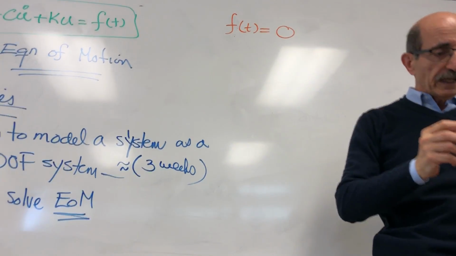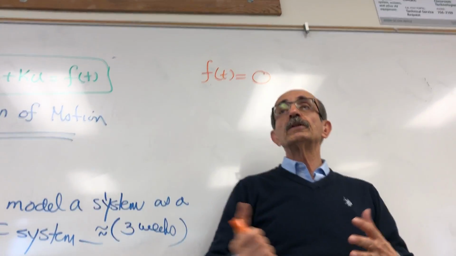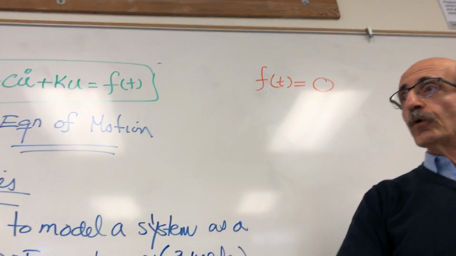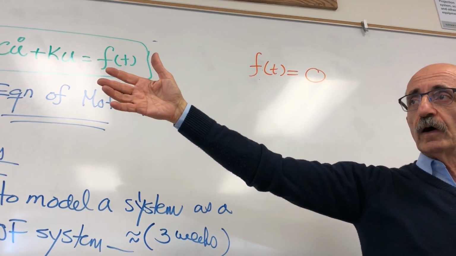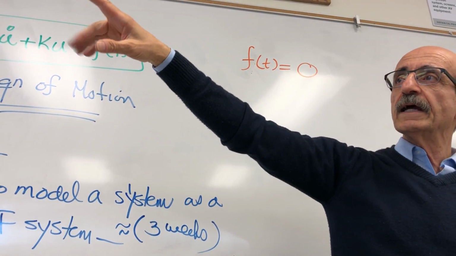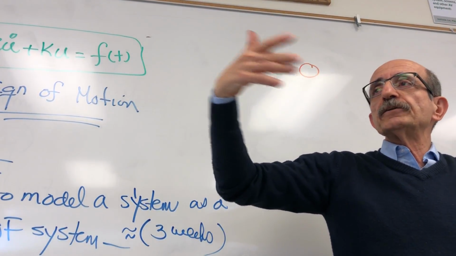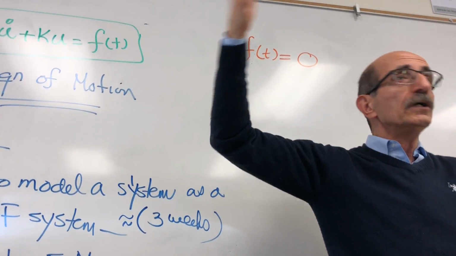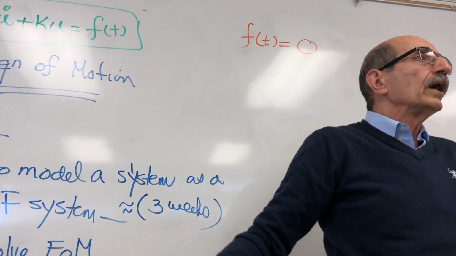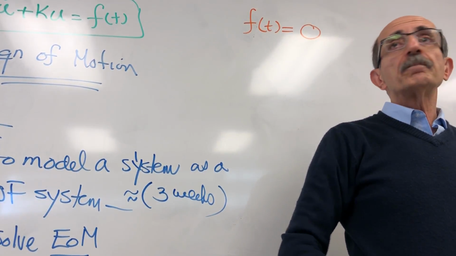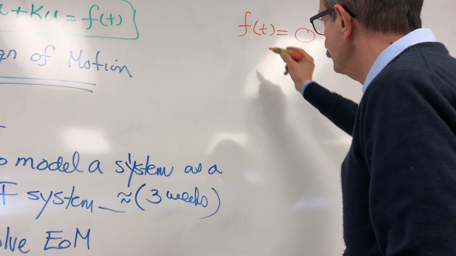That means the system can be moving without a force acting on it. A force has caused a system to vibrate. The wind had caused the vibration of that tree. The wind has stopped, or you've shaken that tree, it continues to move now without the action of any force acting on it. We call that free vibration.